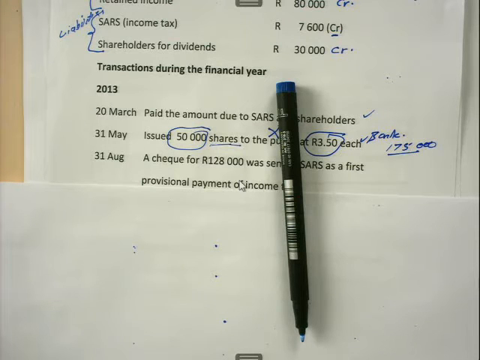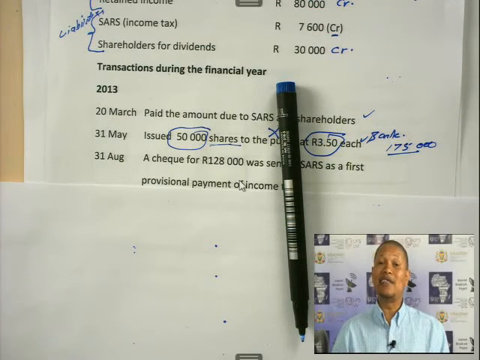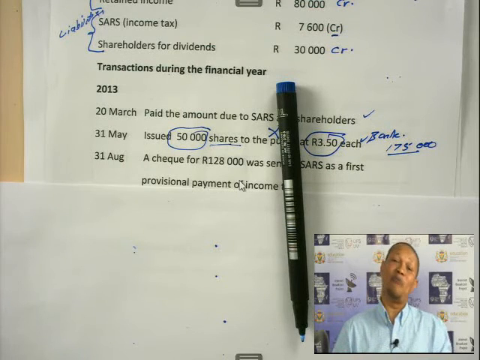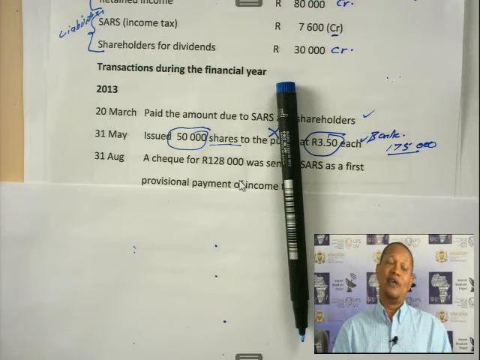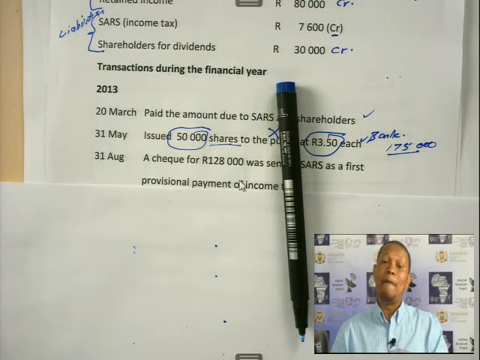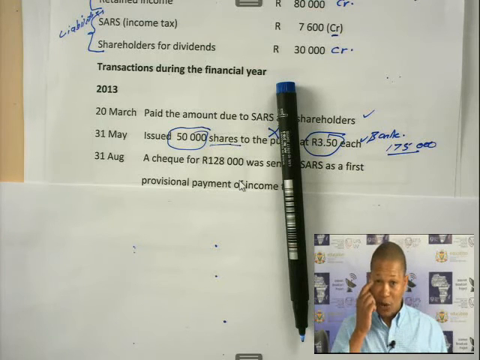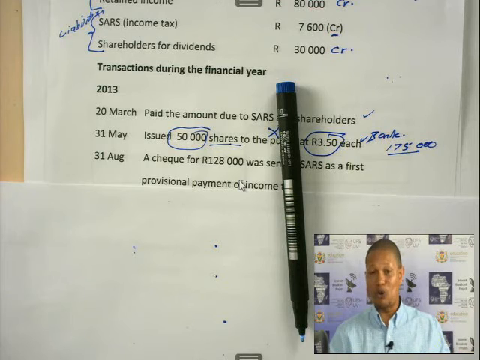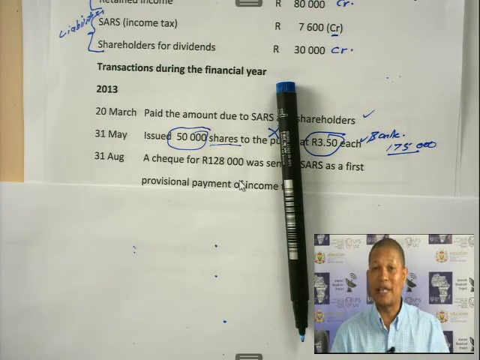They normally make prepayments. A provisional tax payment is actually a prepayment, because if you wait until the end of the year to pay SARS, you might find that you do not have enough money to do so. Therefore, the Act requires that you make a prepayment based on a certain percentage of the profit that you made last year. But don't worry, you'll always be told the amount of the prepayment that you are making.